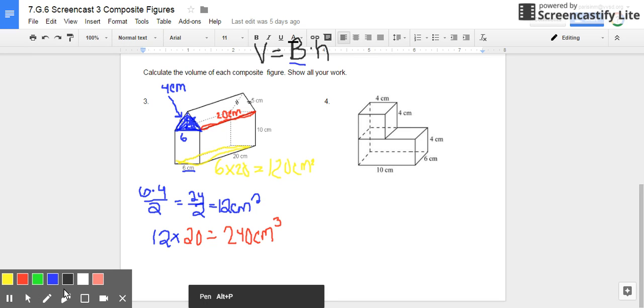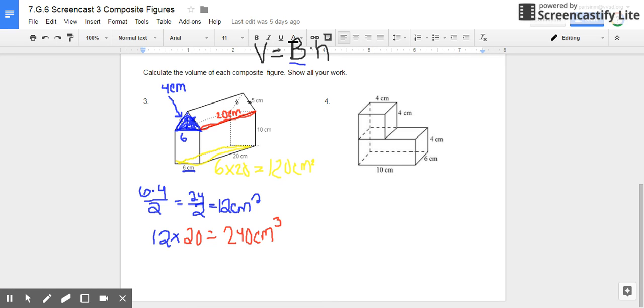Next, I'm going to take my next color, and I'm going to highlight now the height of my rectangular prism, which would be this length right here, which is 10 centimeters. So we have to take 120 centimeters, because that was the area of the base, times the height, which is 10, gives us 1,200 centimeters cubed.